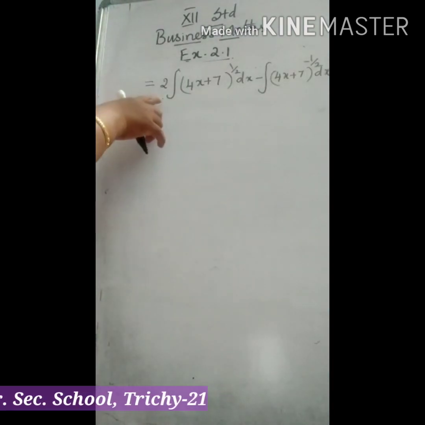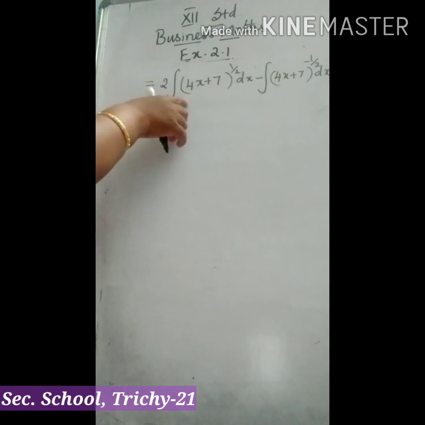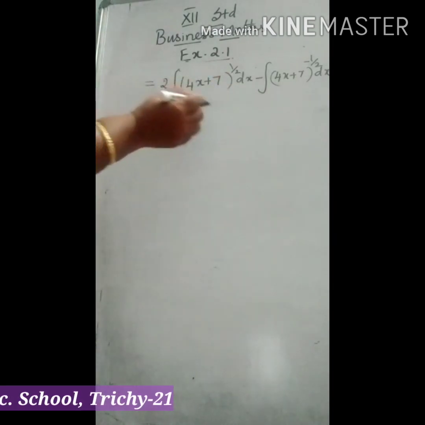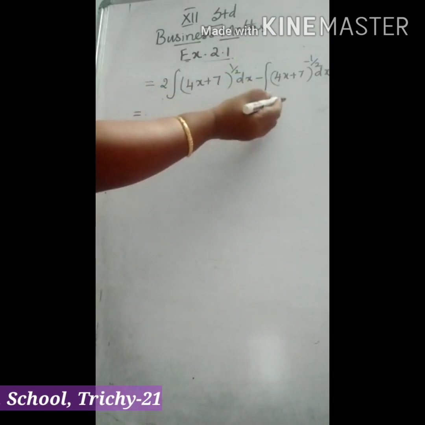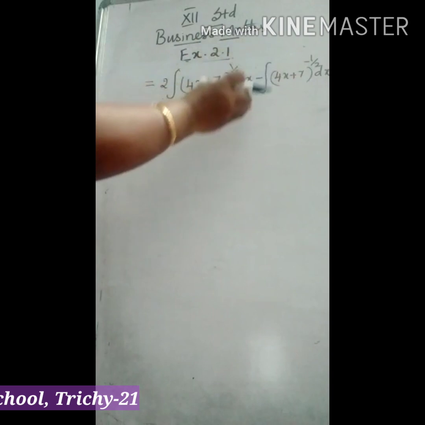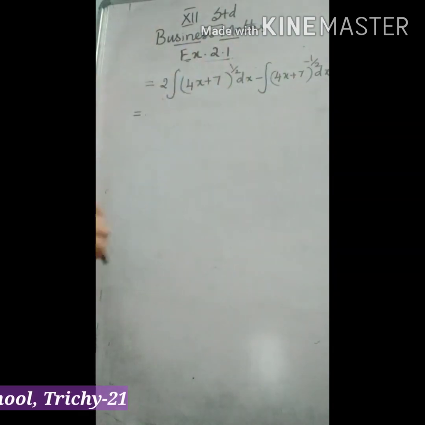So the next step is 2 into integral of (4x plus 7) the whole power 1 by 2 into dx, minus integral of (4x plus 7) the whole power minus 1 by 2, because it is in the denominator, it goes to the numerator as minus 1 by 2.